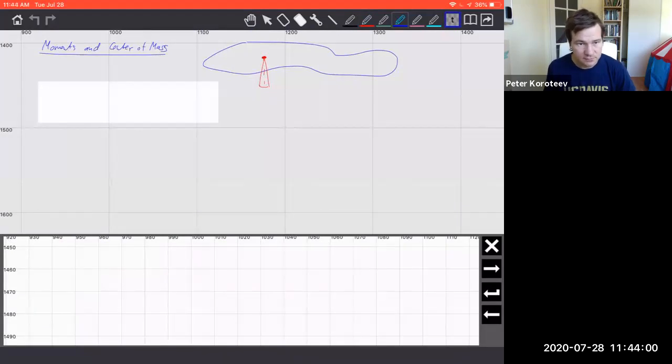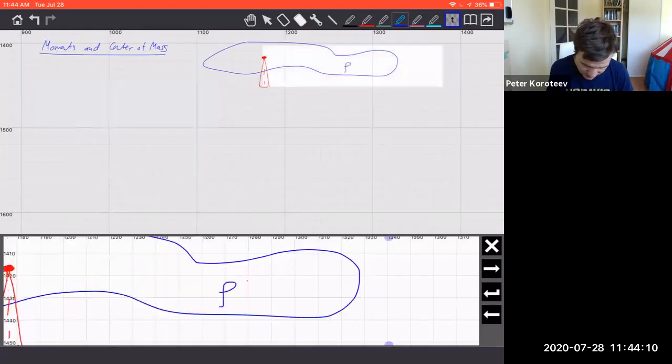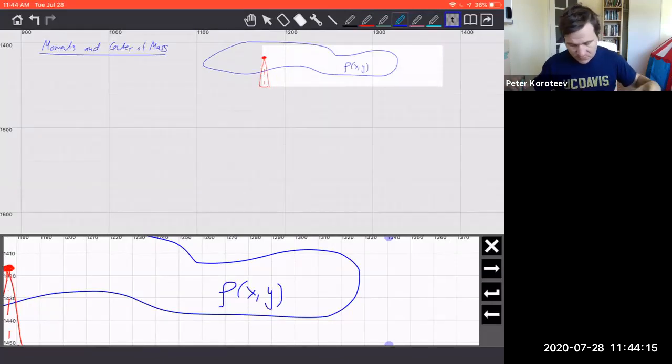What we need to know is the density of this material as a function of x and y, and its dimensions, so which equations describe its shape.